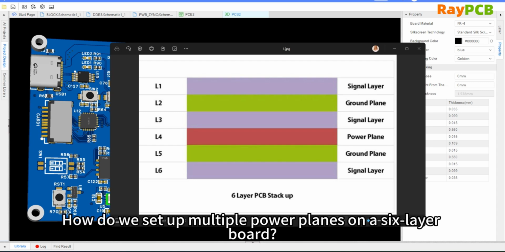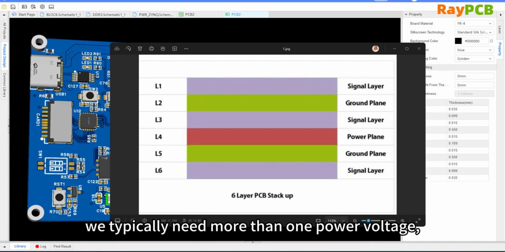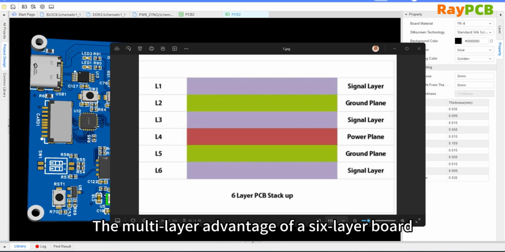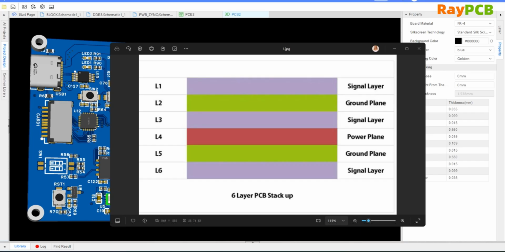How do we set up multiple power planes on a six-layer board? How do they affect stability? In complex six-layer board designs, we usually need more than one power voltage. For example, 5 volts, 3.3 volts, and 1.8 volts. The multi-layer advantage of a six-layer board allows us to handle these voltages more flexibly.